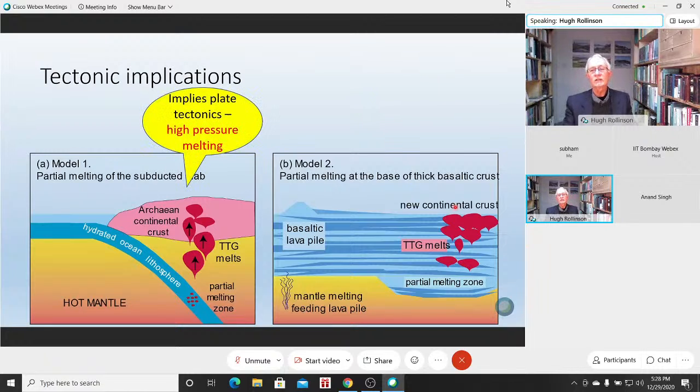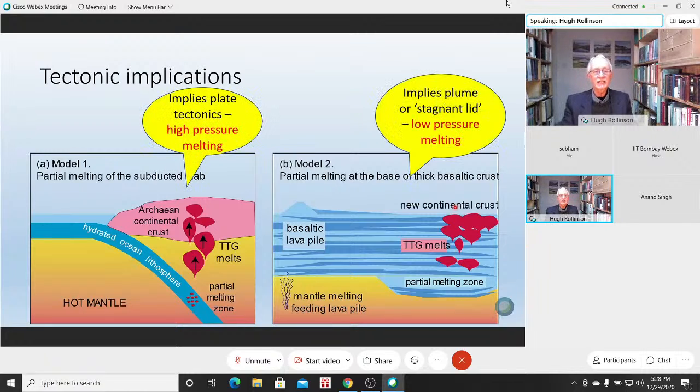So these two models have very different implications in terms of tectonics. The first model would imply plate tectonics in the Archean and would require melting at a very high pressure, maybe 20 kilobars or so, at a depth consistent with subduction in which the melting of the slab could take place.